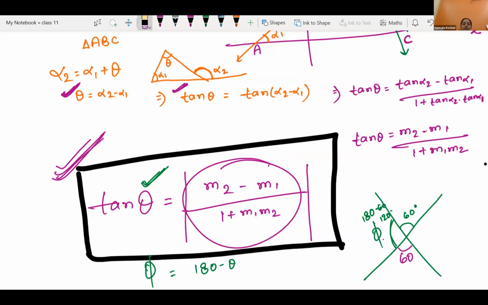Making sense? Yes, ma'am. This is the formula you need to keep in your mind. The proof and everything was just for your understanding, but the formula is really, really, really important. Is it clear? Yes, ma'am. Okay, let's solve one question.